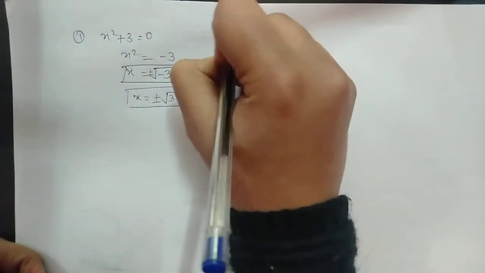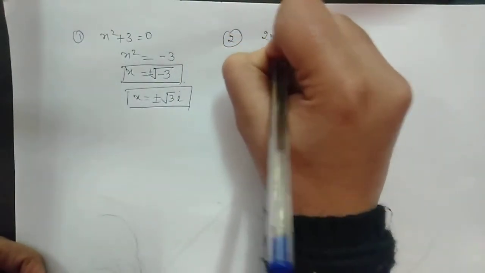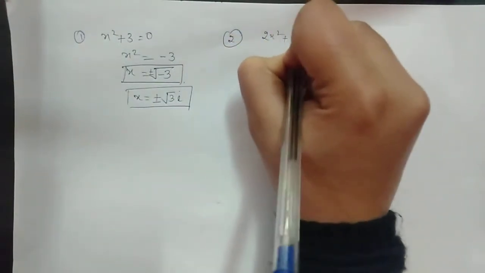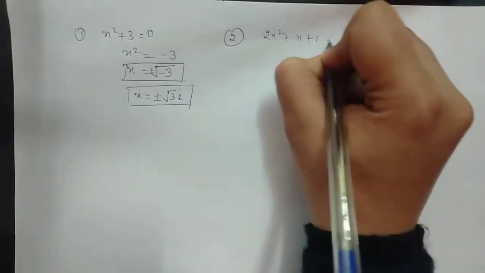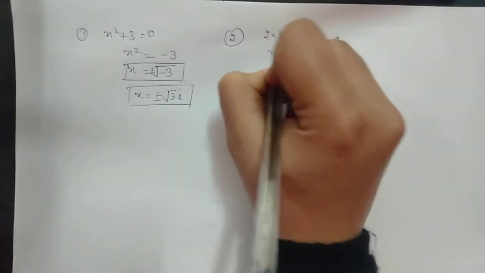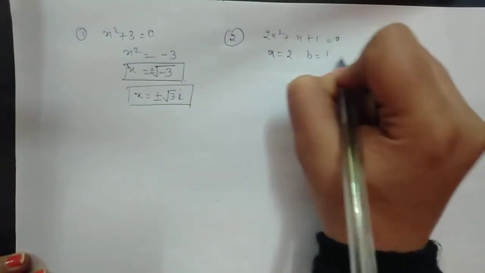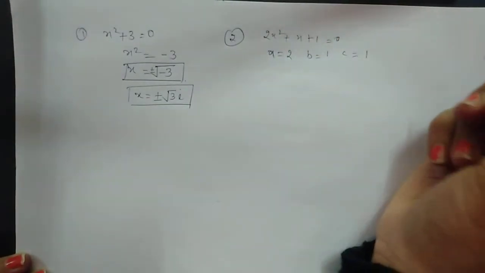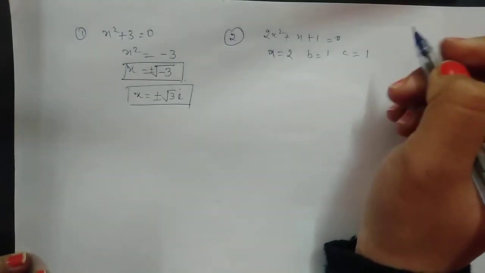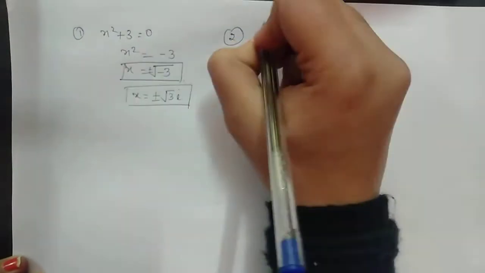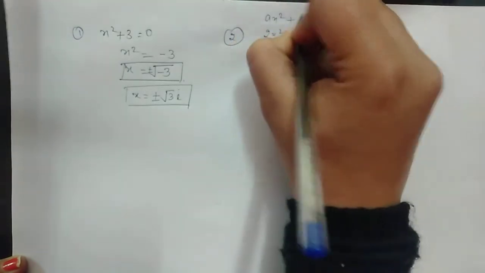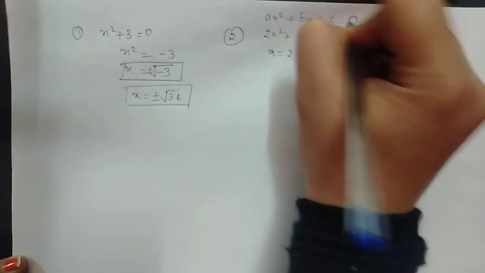Now our next question is 2x square plus x plus 1 equals to 0. Here we have a equals to 2, b equals to 1 and c is also equals to 1. This equation is in the form of ax square plus bx plus c equals to 0.